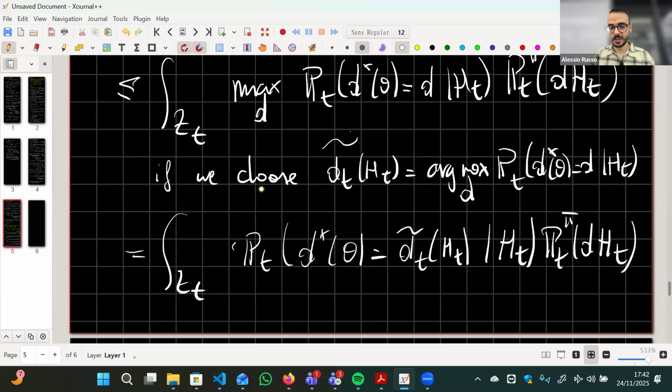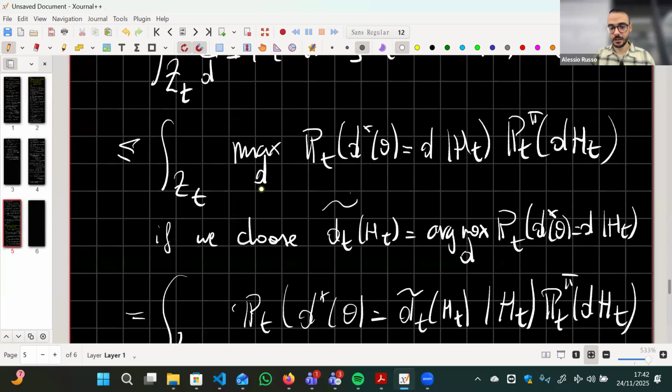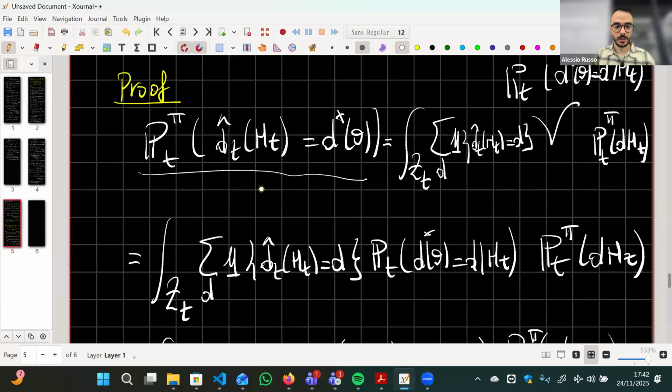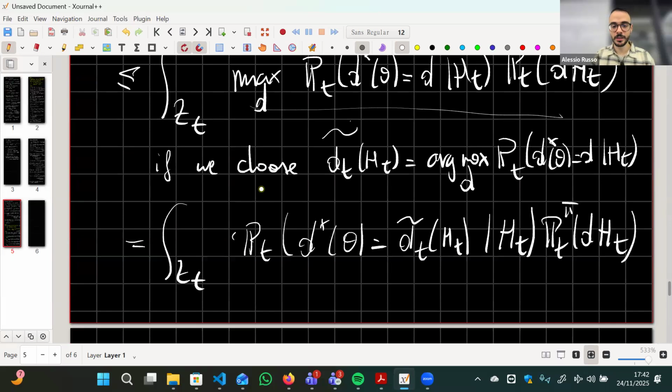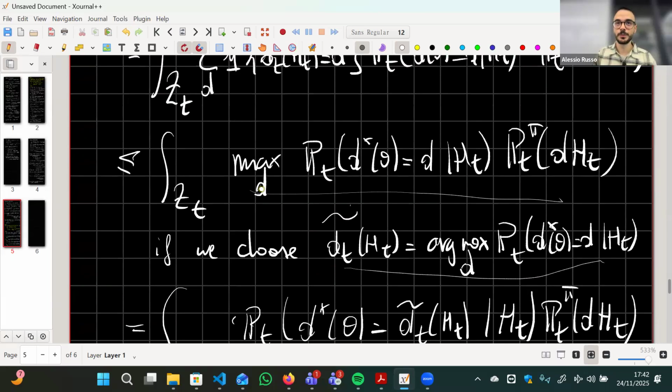This quantity here maximizes the original objective that we wanted, and we can attain it by simply choosing an inference rule that always selects the maximum. So this is very trivial, but it shows that the optimal inference rule is the one that maximizes the posterior distribution.